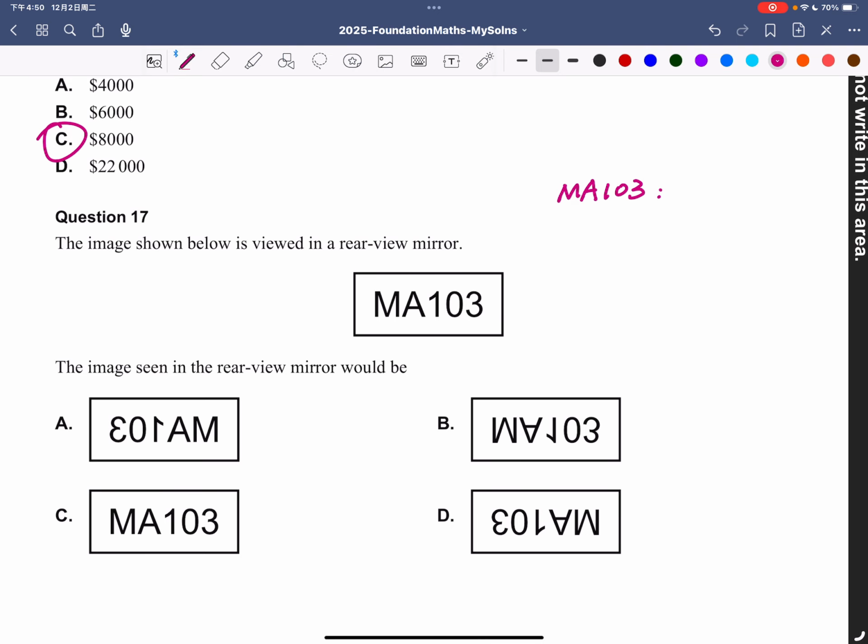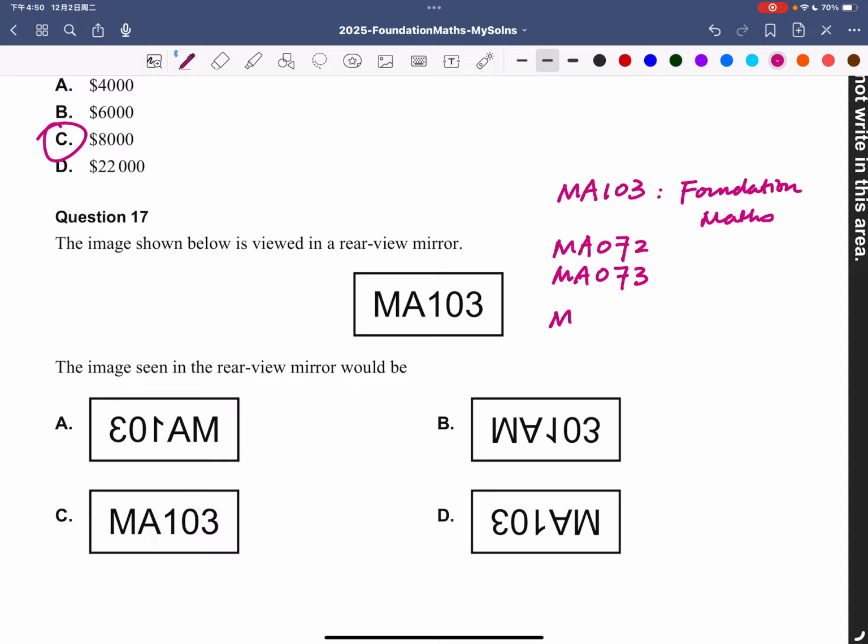MA103 is the VCAA code for foundation math. MA072 stands for general math or further math in the earlier time, exam 1. And MA073 stands for general math exam 2.